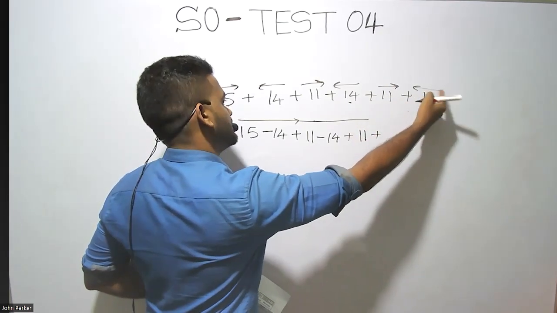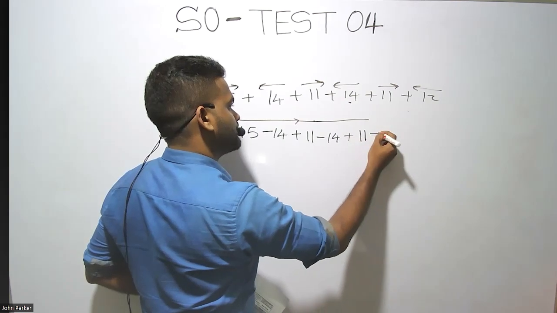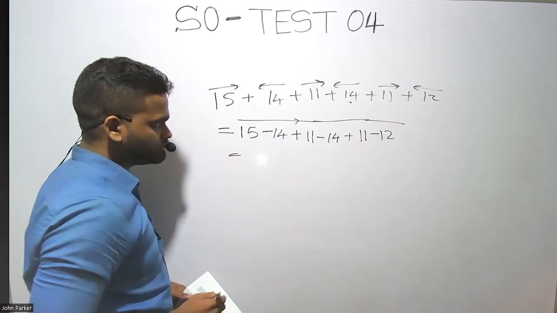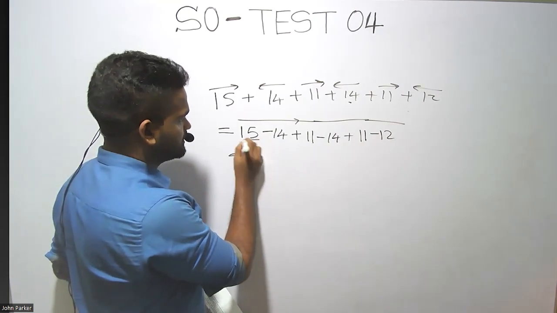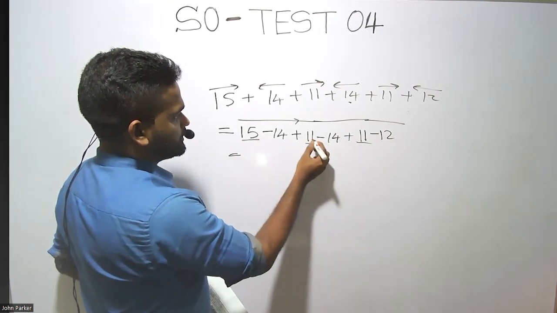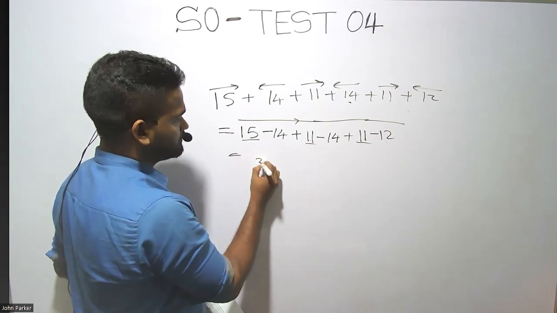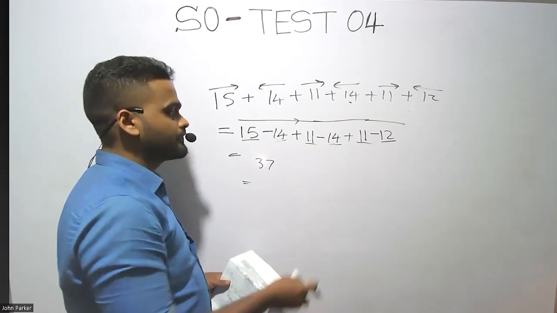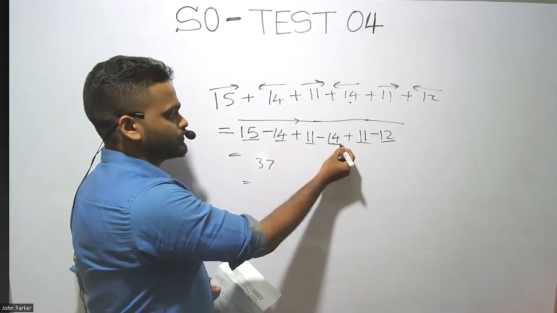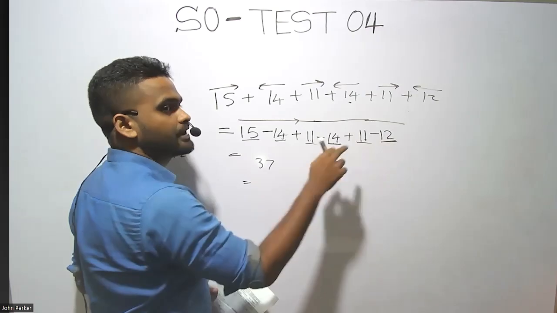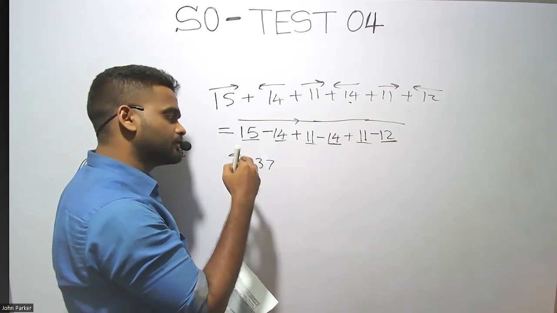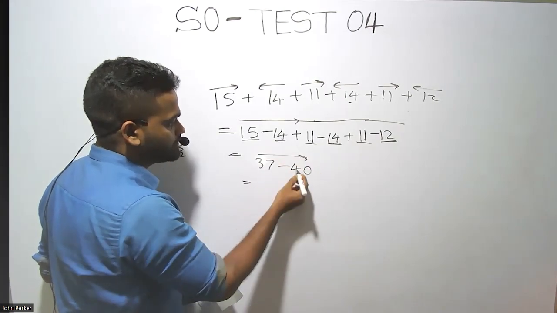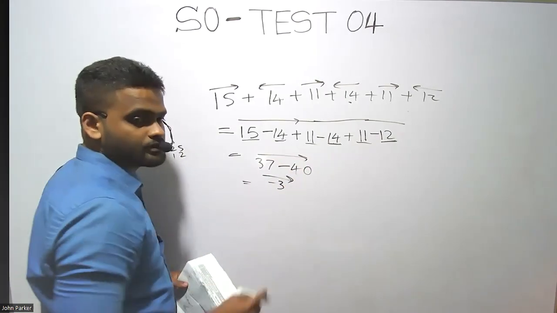This one is opposite, so flip that and put a minus there. It becomes minus 12. So I'll add the plus terms: 22, 37. Then add all the negative terms: 14, 14, 28, plus 12, it is 40, right? In this direction. So when you simplify this, it becomes minus 3 in this direction.